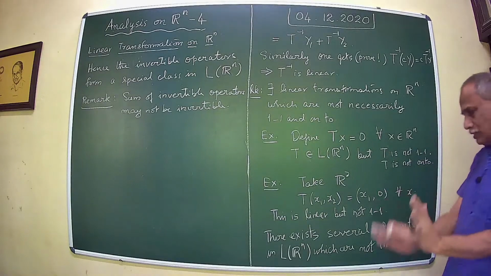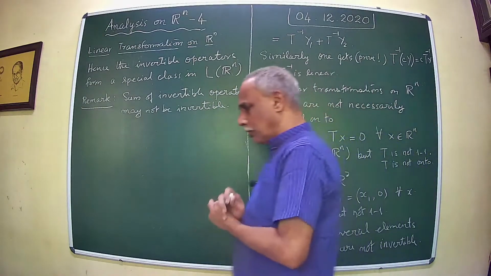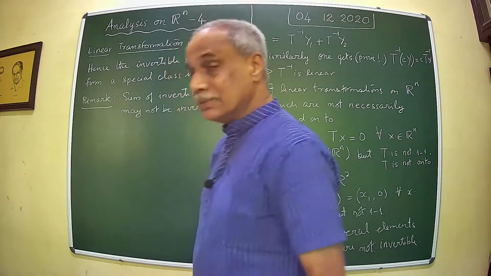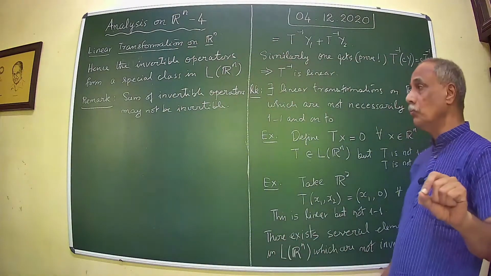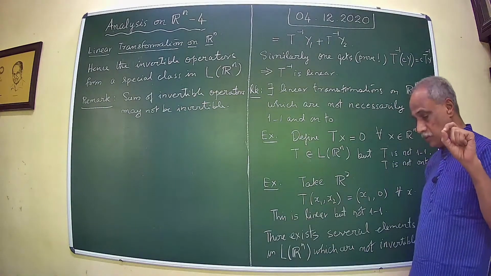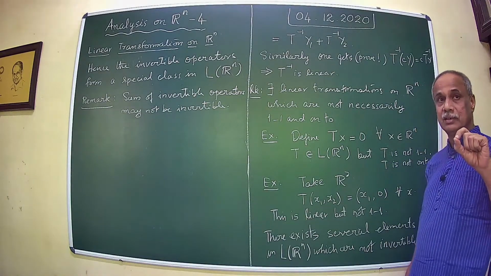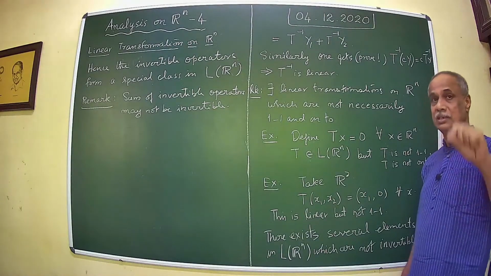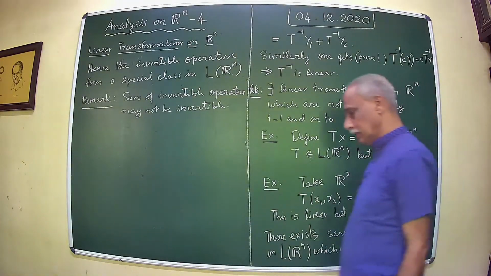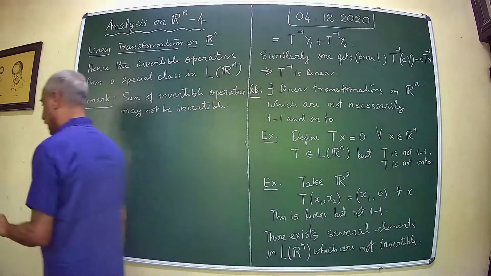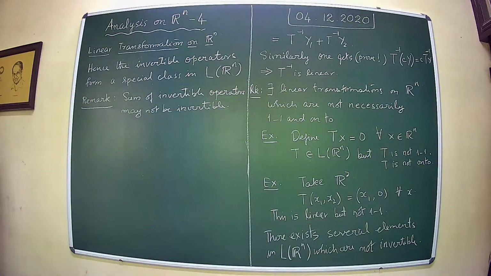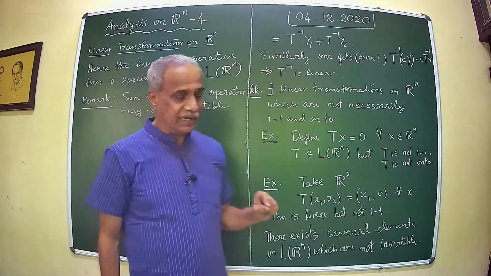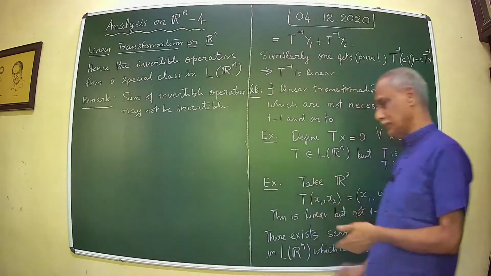If you attribute one of the properties, then the other is automatically taken care of. But that has something to do with the fact that Rn is a finite dimensional vector space. And you need not expect the same result to be valid in an infinite dimensional vector space.